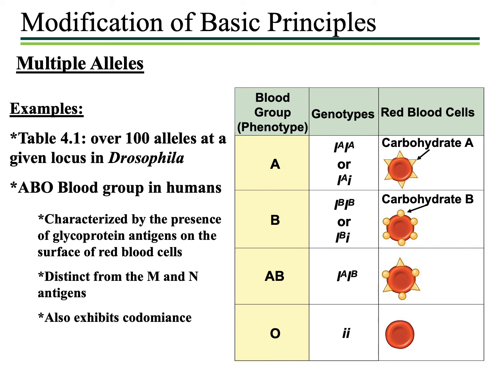That explains why individuals that are heterozygous AO or heterozygous BO have either the A protein or the B protein on the surface of their red blood cell, respectively. This is a case of incomplete dominance in those examples.